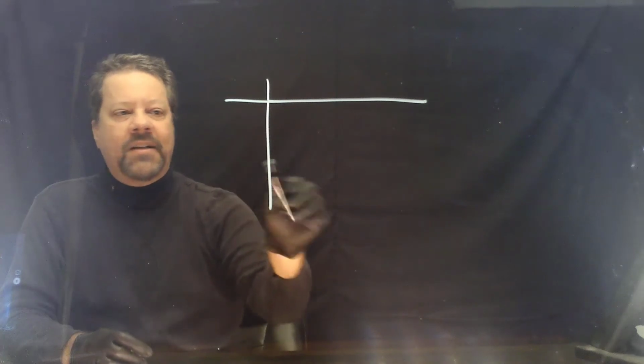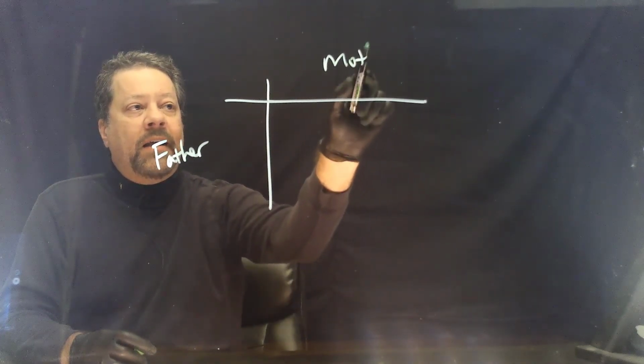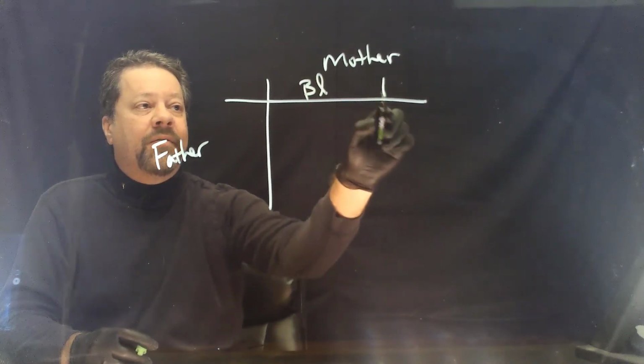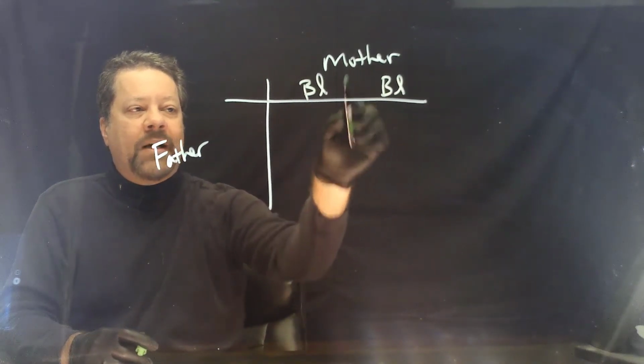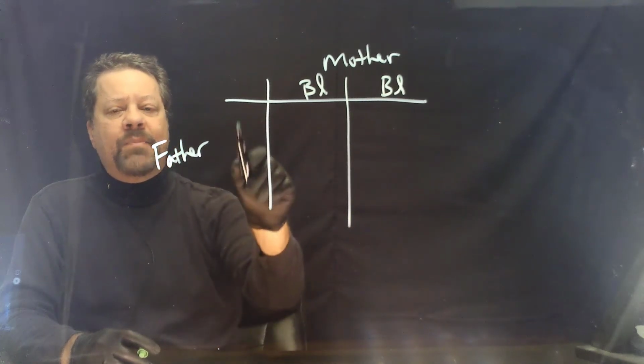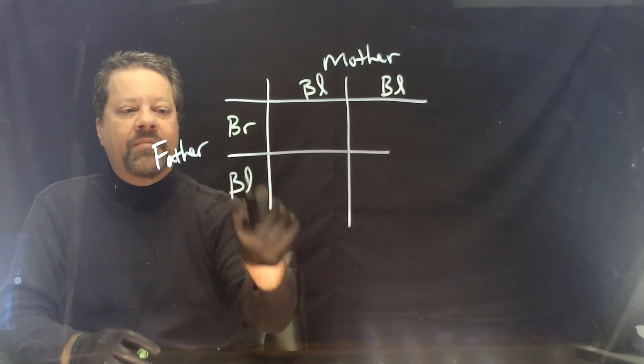Let's suppose that we're having a baby, and we have a father and a mother, and the mother has blue-eyed genes. Blue eyes, blue eyes. She has 2 of these blue-eyed genes. The father has brown eyes, but he carries the blue-eyed gene.